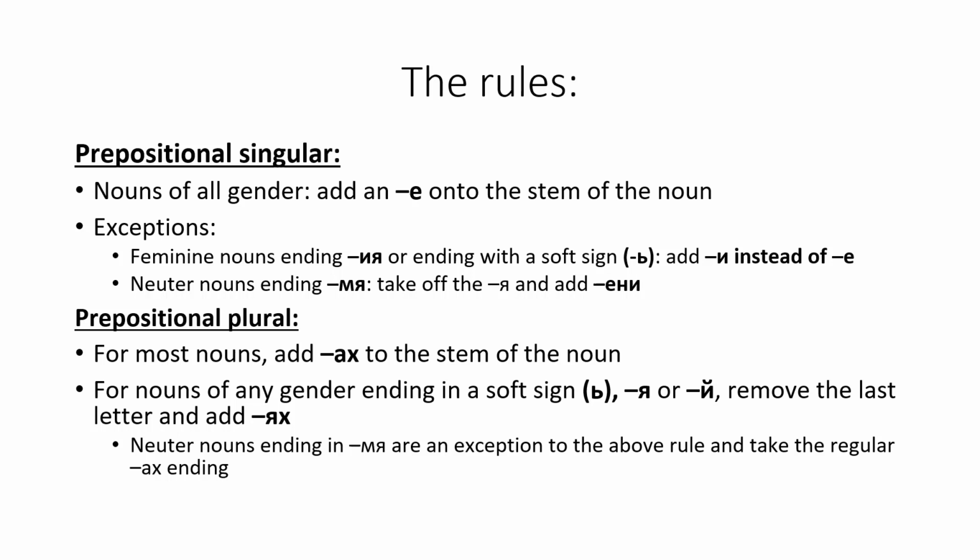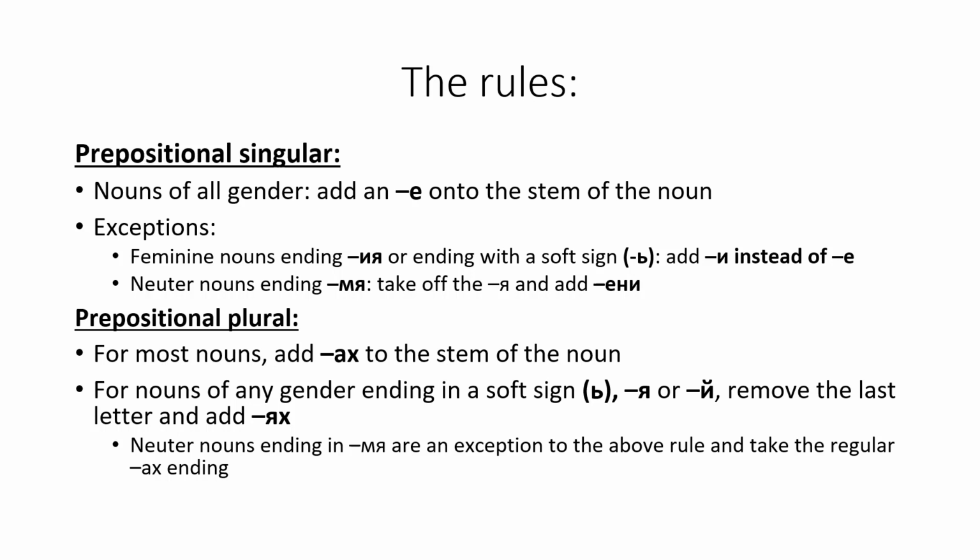So in the prepositional plural, regular nouns will have ach on the end, so regular masculine nouns with a hard consonant at the end, regular feminine nouns with an a on the end, and regular neuter nouns with o or ye on the end. Most of the time they'll have ach endings.